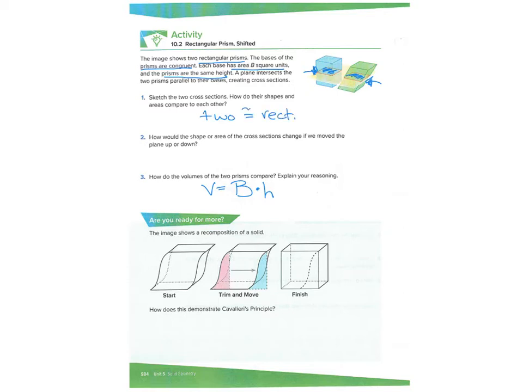How would the shape or area of the cross sections change when we move them up and down? Well, they don't. They would be the same. In my blue stack, I'm just stacking them straight up and down, right on top of each other.